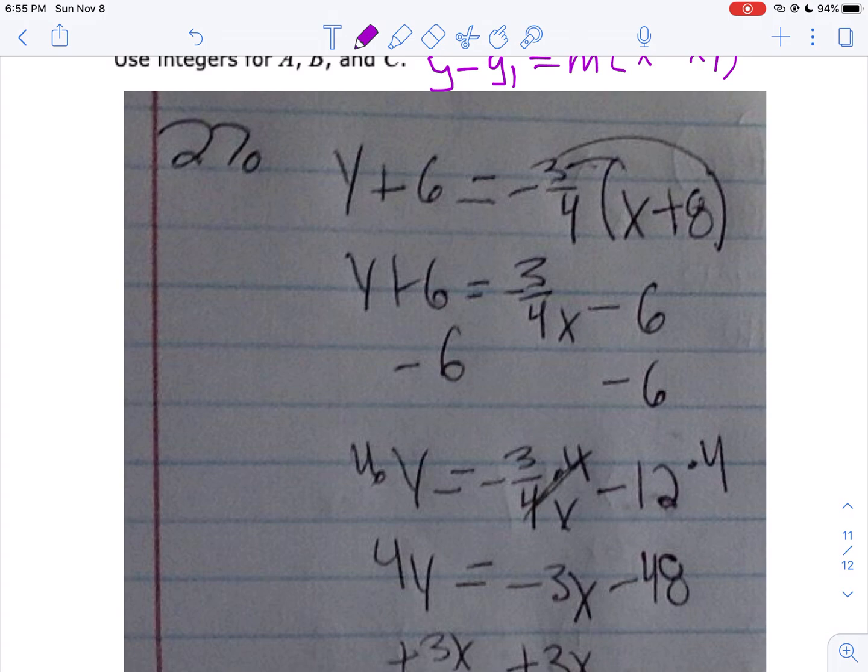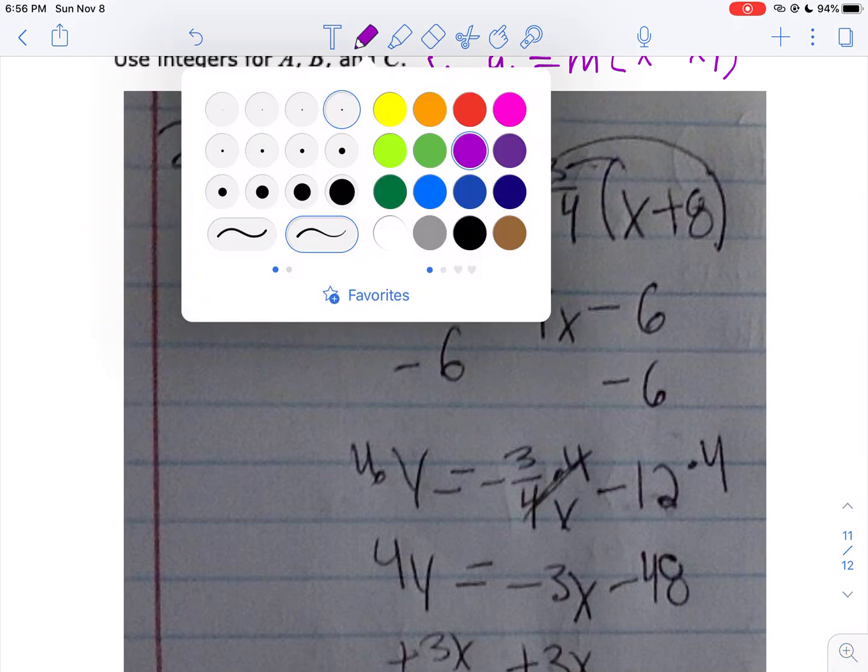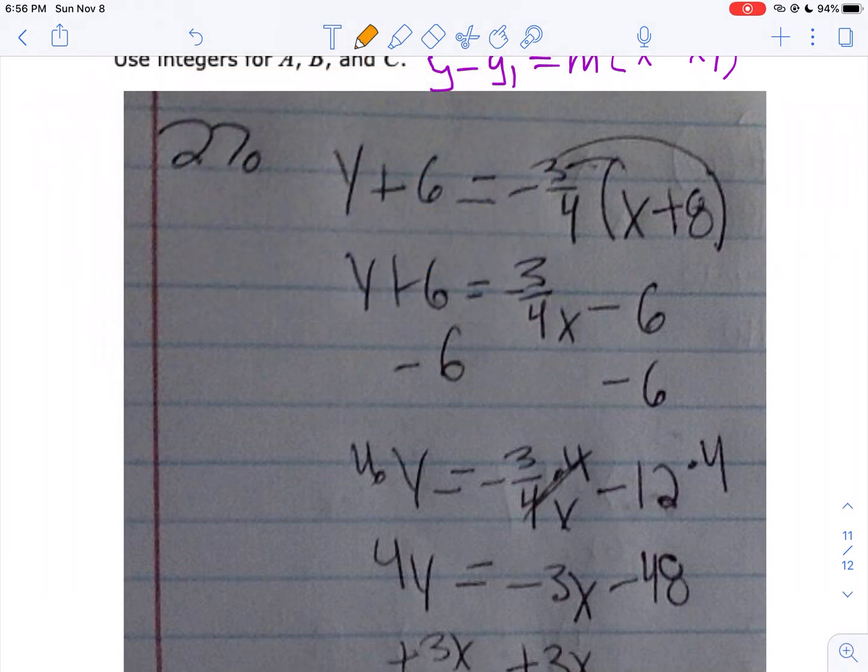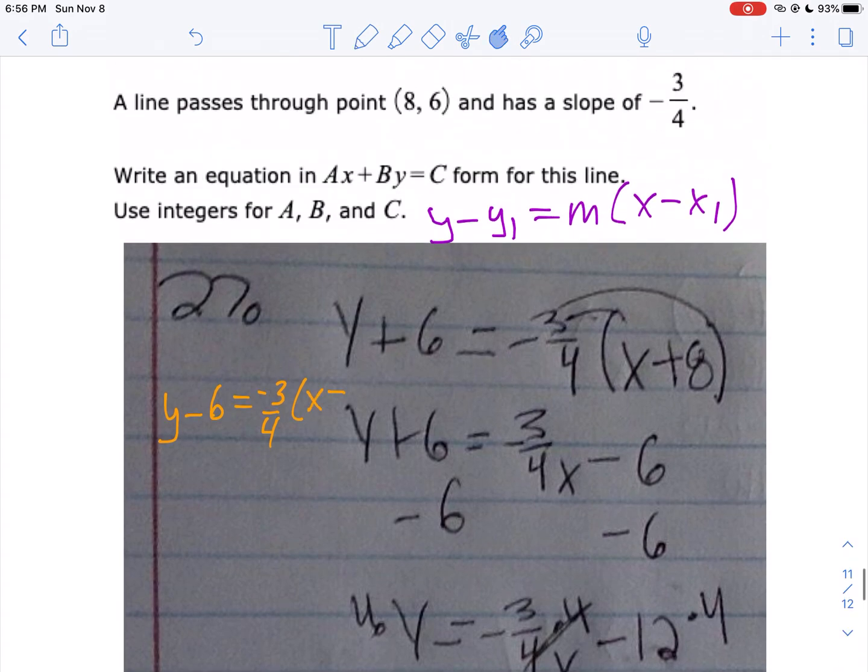So we're going to say y minus 6. That makes it kind of hard to read, doesn't it? Let me use a lighter color here. So we're going to say y minus 6 equals negative 3/4 times x minus 8.